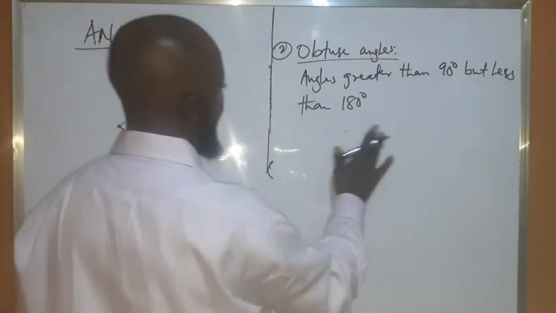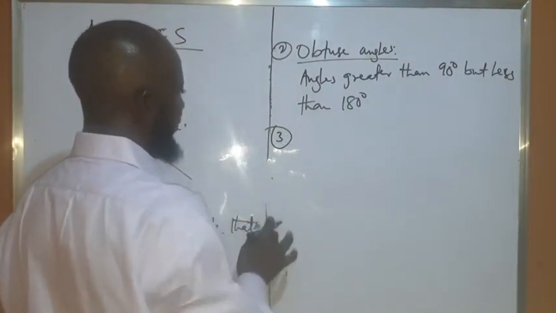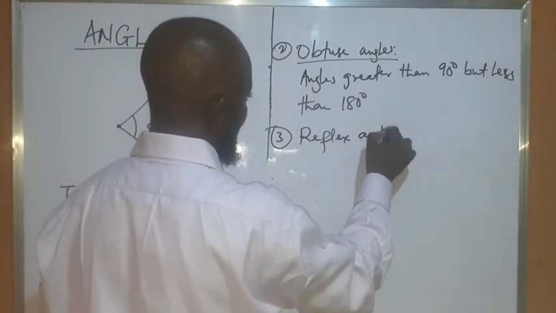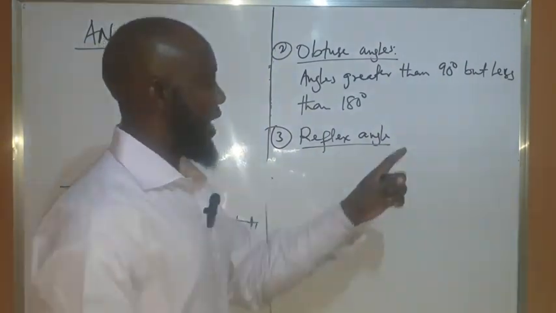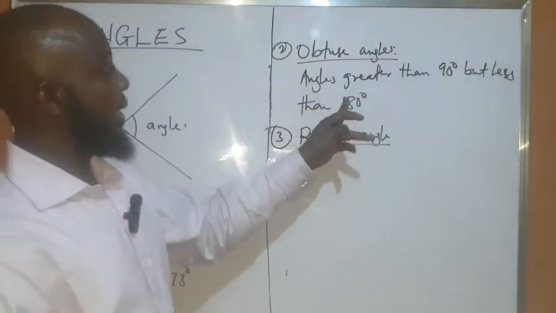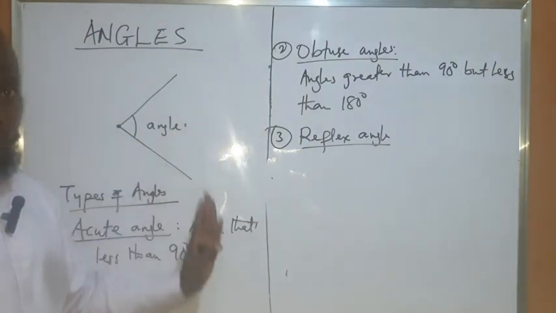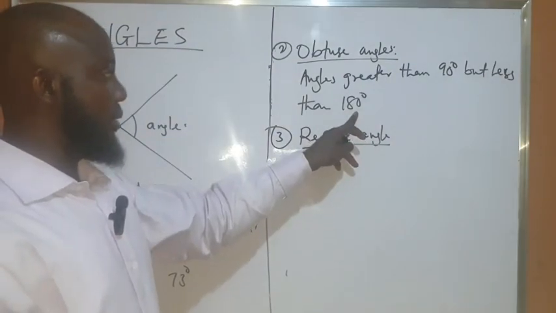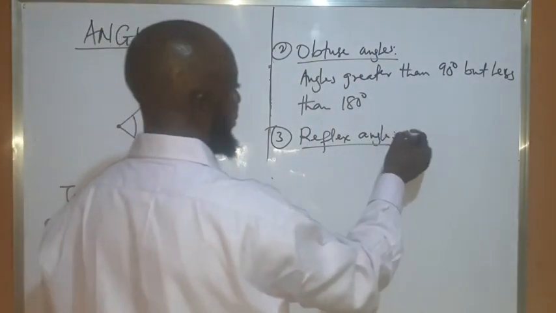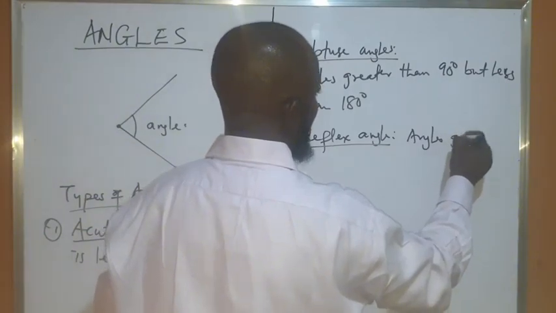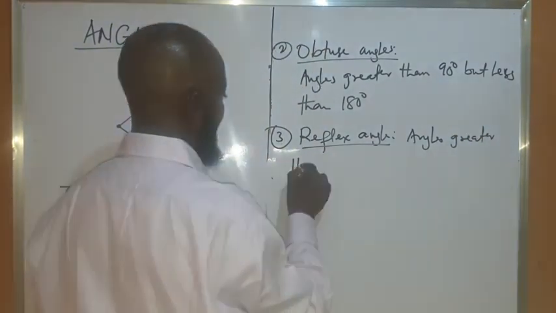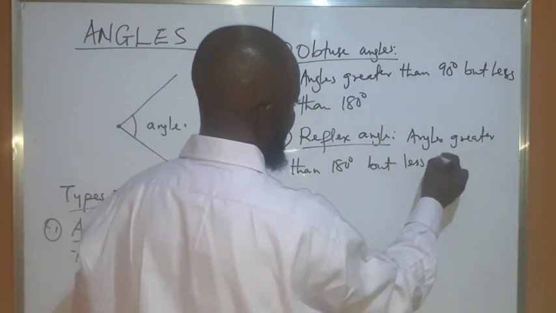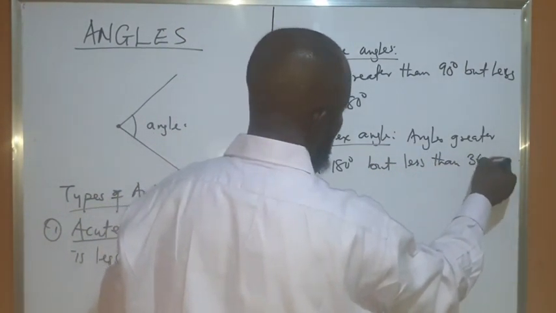The next one is the reflex angle. Reflex angle is very important as well. Reflex angles are angles that are greater than, you can see the trend where it's going, 180 degrees but less than 360 degrees.